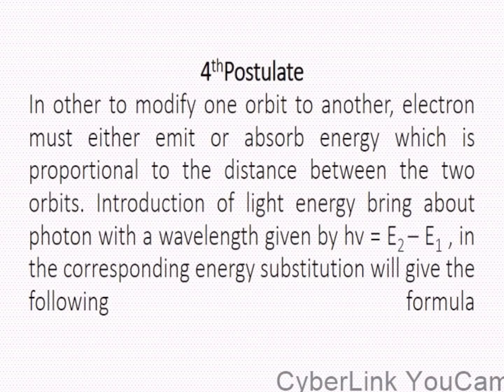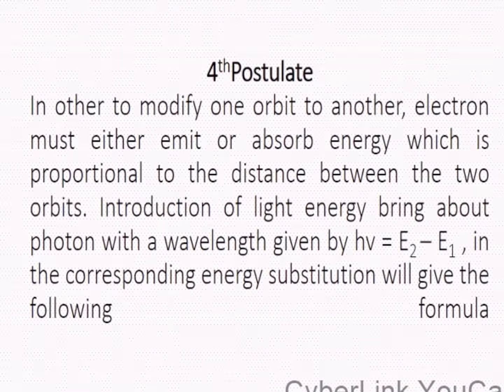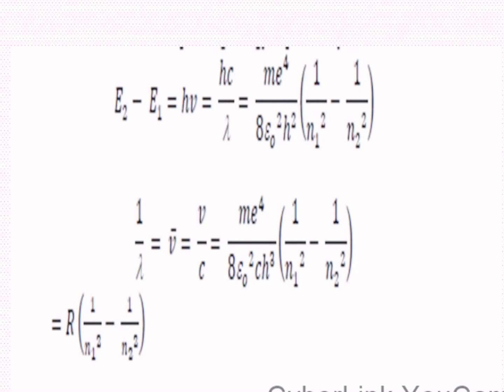Introduction of light energy brings about photons with a frequency given by hv equal to E2 minus E1, and the corresponding energy substitution will give the following formula: E2 minus E1 equals hv equals hc over lambda equals m e to the 4 over 8 epsilon squared h squared, open bracket, 1 over n1 squared minus 1 over n2 squared.